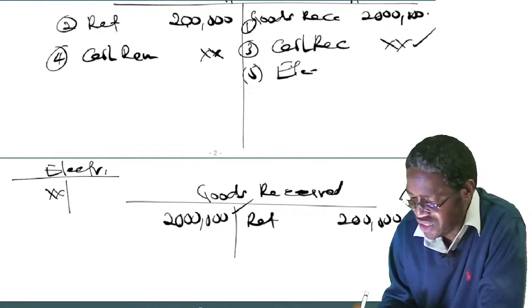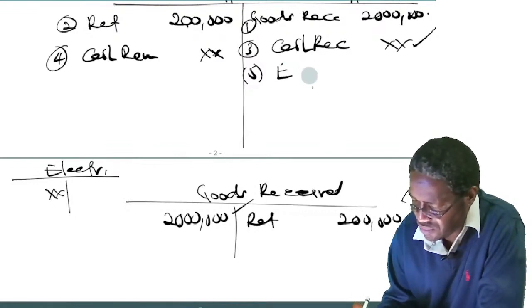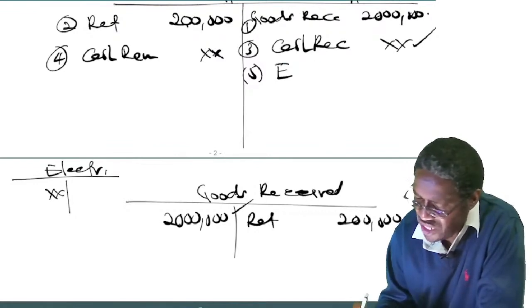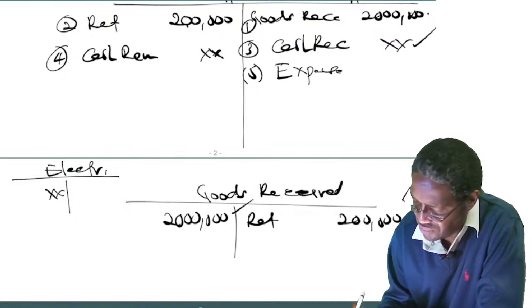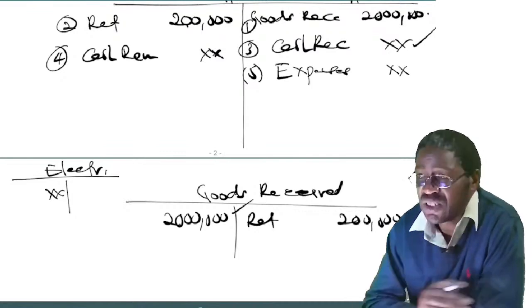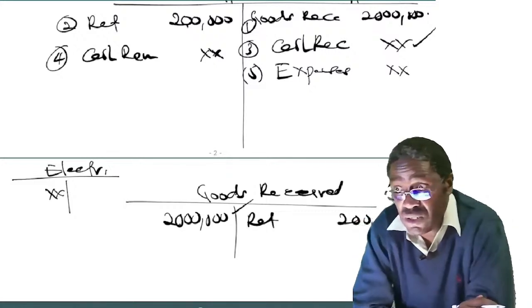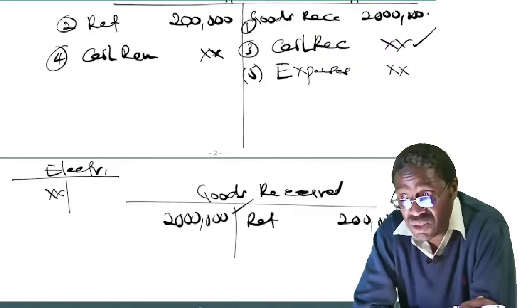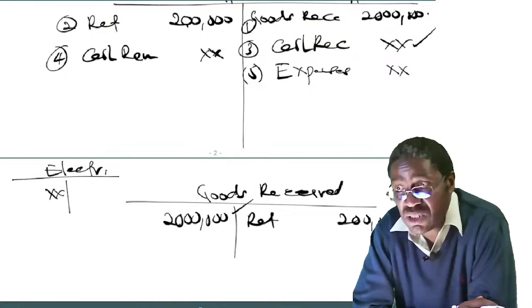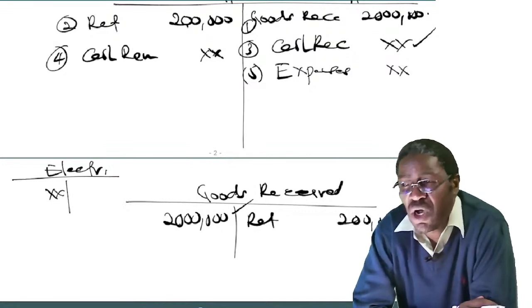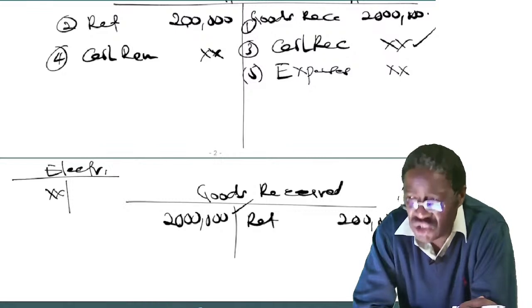With that electricity or with that expense. Let's put it as just expense, because it can be any other expenses. So that's number 5, which I'm saying with branch expenses paid for by the head office on behalf of the branch.